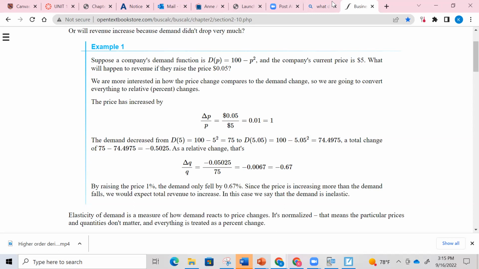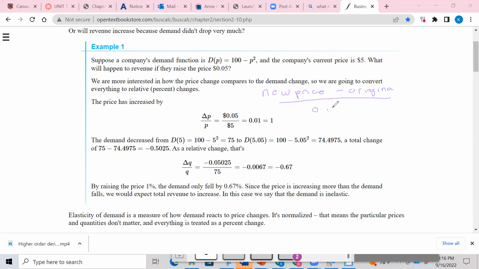As a reminder, to find a relative percent we take the new price minus the original, divided by the original. In this case we didn't really need to calculate the new and the original.